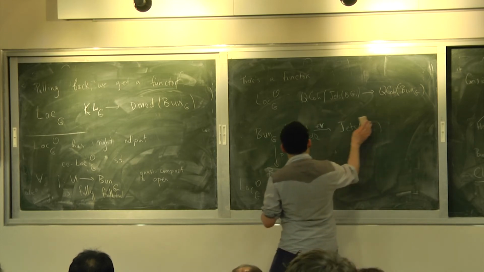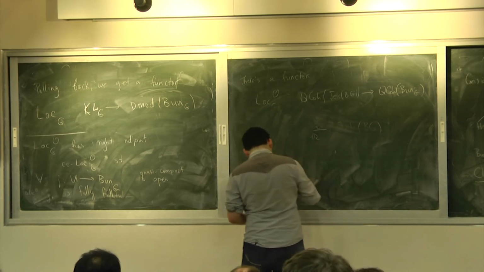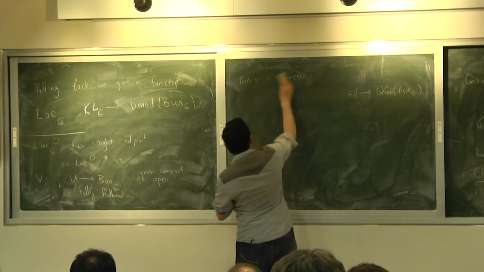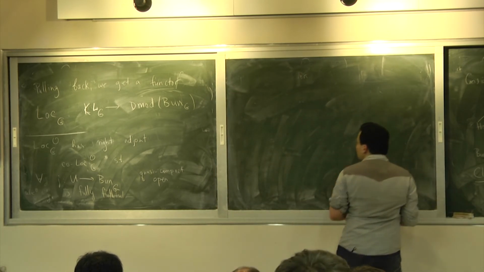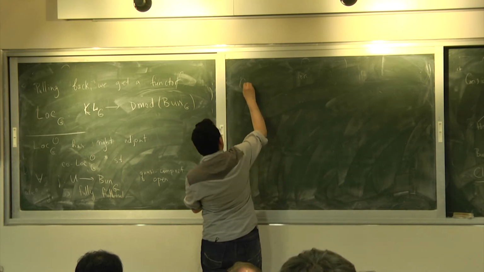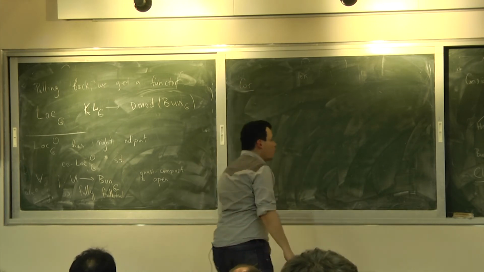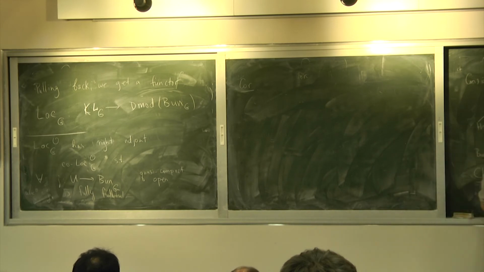But now, a corollary of all of this is that if you stare at this diagram for a minute, you'll see that the two localization functors, one for quasi-coherent sheaves and one for D-modules, are compatible.